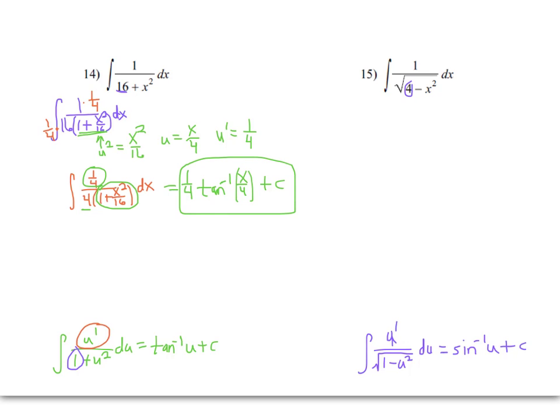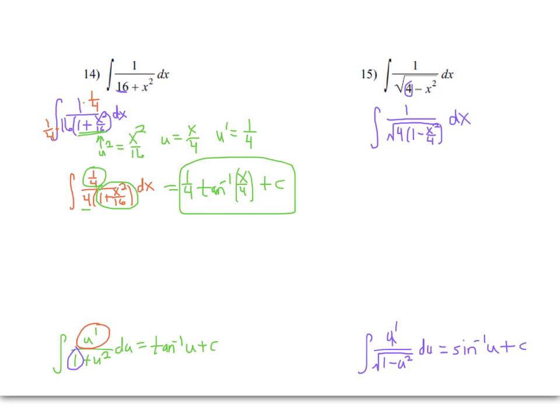It works really similarly in that there's a number that's not 1 that we want to make 1 on each of these problems. So I'm going to take that 4 out, and I'm taking it out underneath my square root, at least initially. I can move it out in a second, but that gives me the square root of 4 times 1 minus x squared over 4.